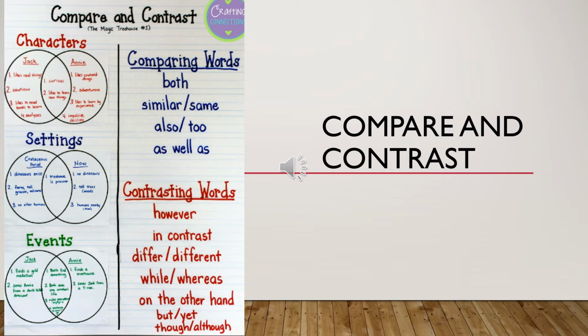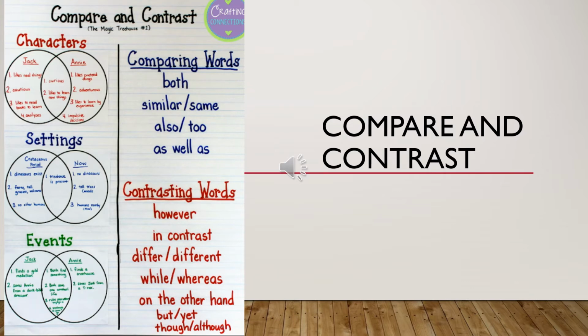Events, Jack and Annie. If you look at the two on the bottom, they're two within one Venn diagram. But if you look at the bottom example of events, you can see that they have Jack and Annie. Jack, for the events in the story that they had used, would be described as he is the one who finds a gold medallion.